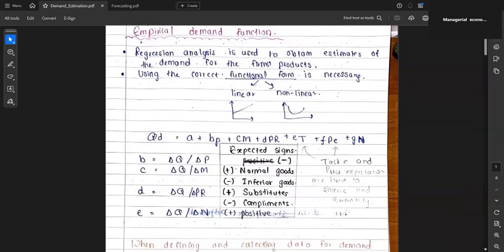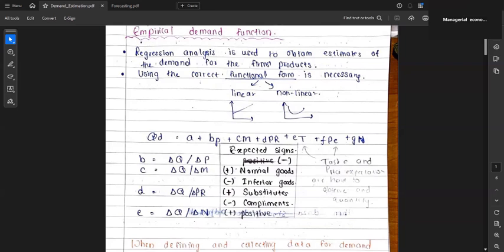So in estimating the demand function, the correct functional form is necessary. So we have the linear functional form and the nonlinear functional form. The regression line for a linear functional form and a nonlinear functional form is very much different.